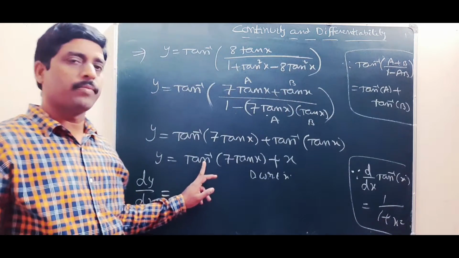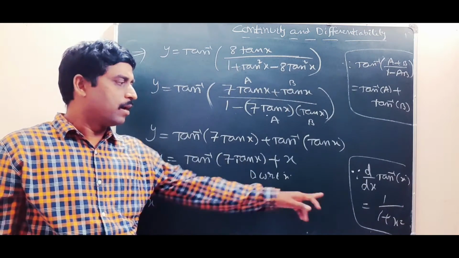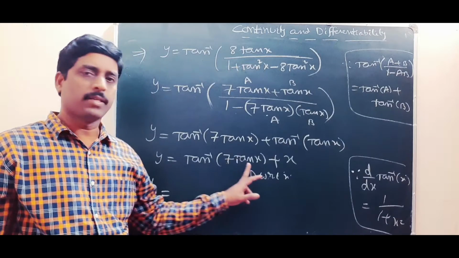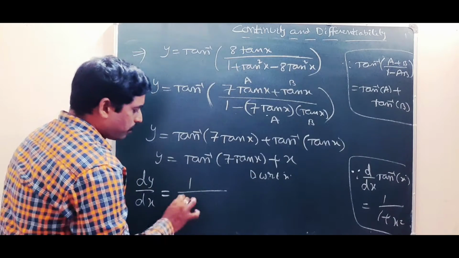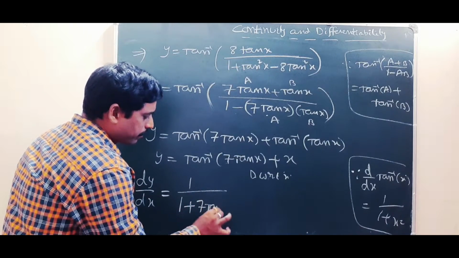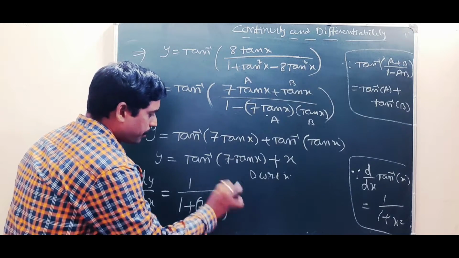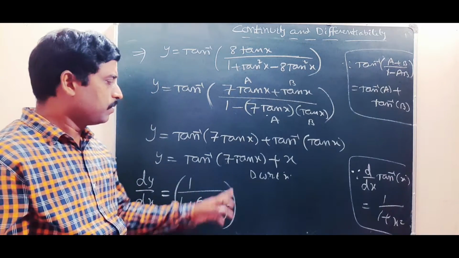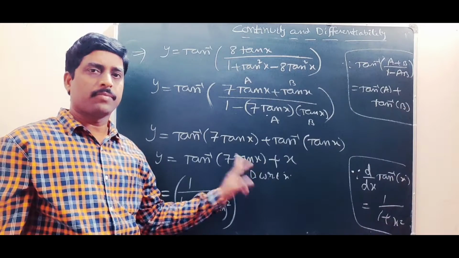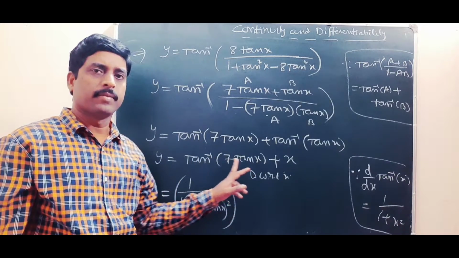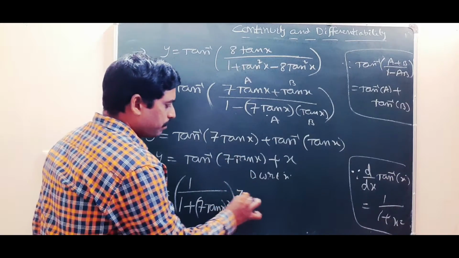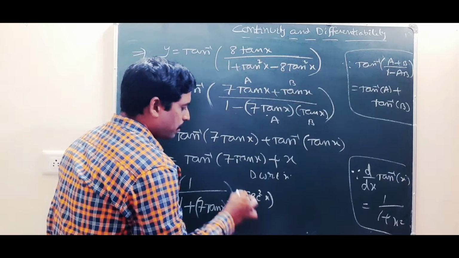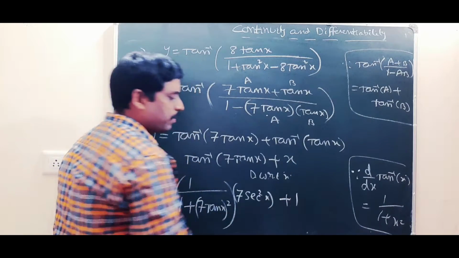So differentiation of tan inverse of 7 tan x, on the expression, we write 7 tan x, 1 by 1 plus (7 tan x) whole square, into... by using chain rule, differentiation of 7 tan x: 7 constant, differentiation of tan x will be secant square x, plus differentiation of x will be 1.